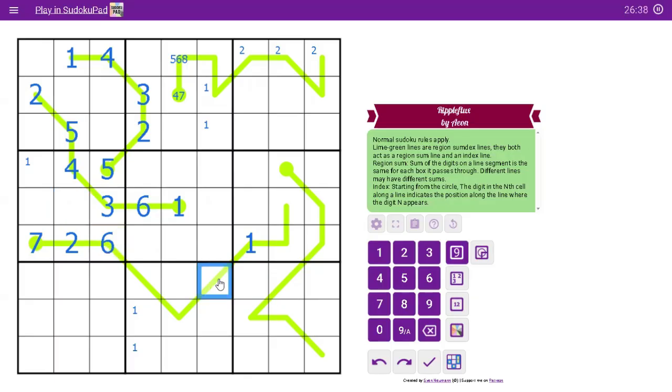The 6 means write 3 here. The 7, okay. So now these sum to 14, and they are not 6, 8. So they are 9, 5. These sum to 12.